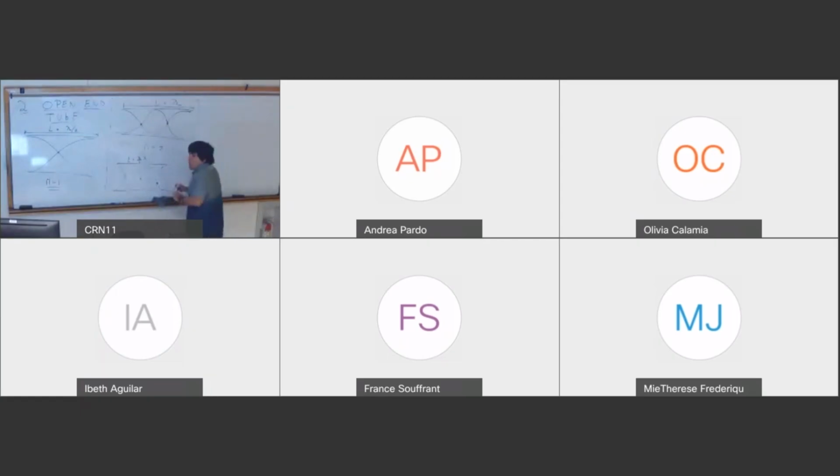So we have a rule for the lambda. The wavelength will be twice the length of the tube divided by the harmonic. Right? Here the wavelength is 2L.